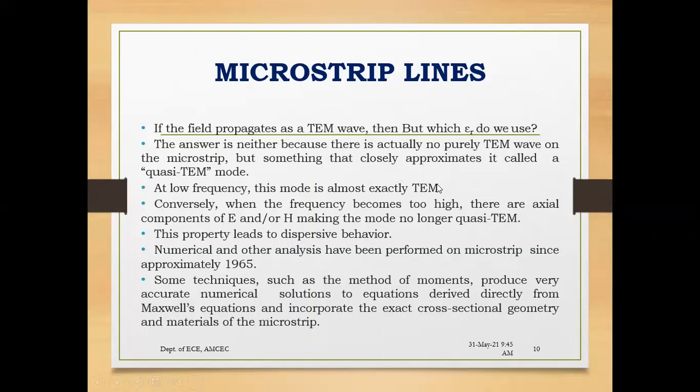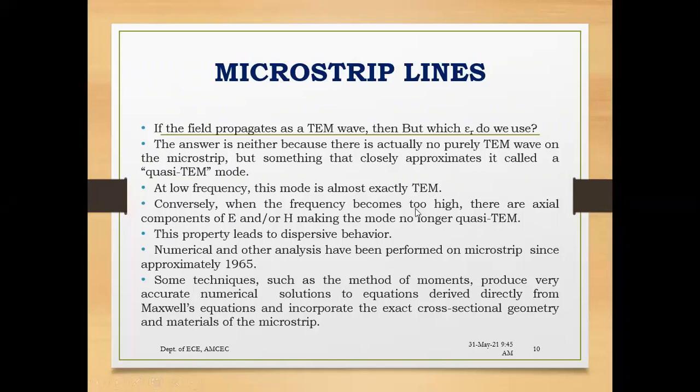Even though we take it as quasi-transverse electromagnetic mode, at low frequencies this wave can also act as TEM, because the electric fields will not come out of the open structure of the microstrip line. They remain low, which means it can also act as an exactly TEM wave.